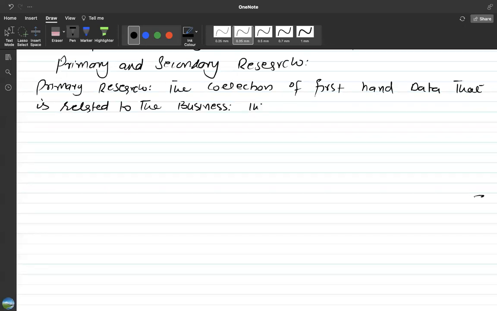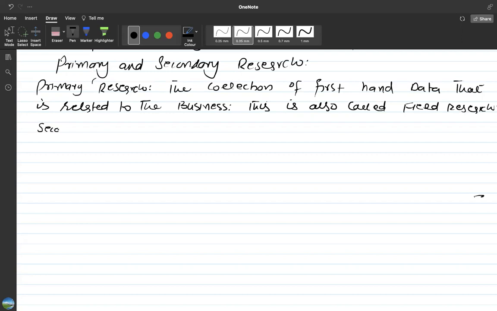This is also called field research, because in this type of research, the researcher goes into the field, meets with the target market directly and collects the information that is first hand.